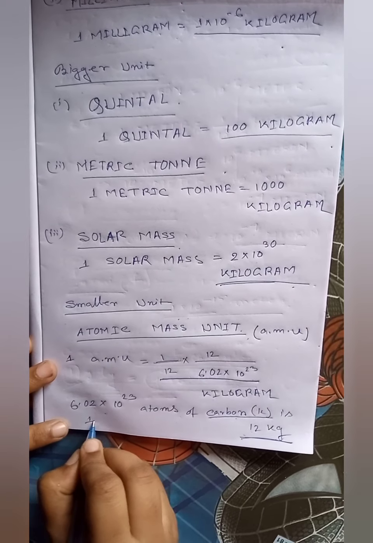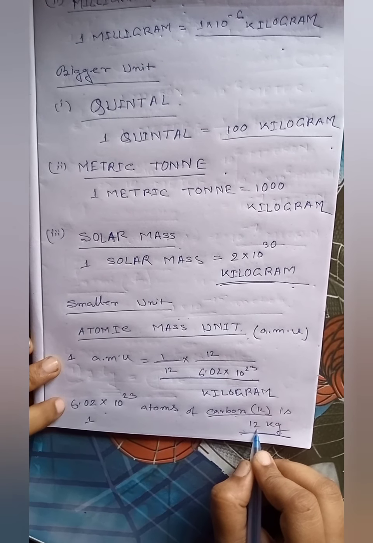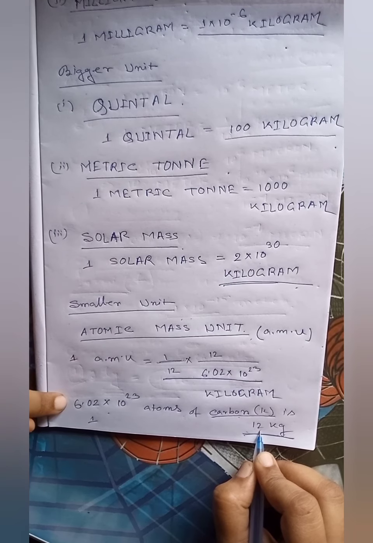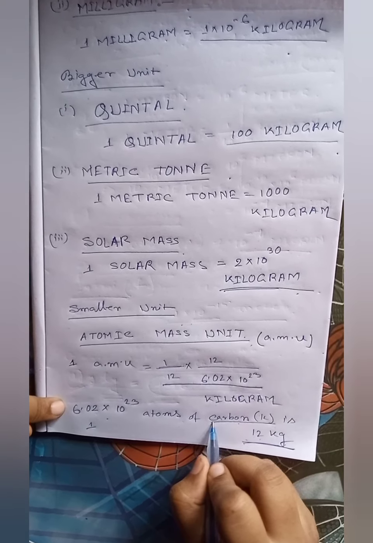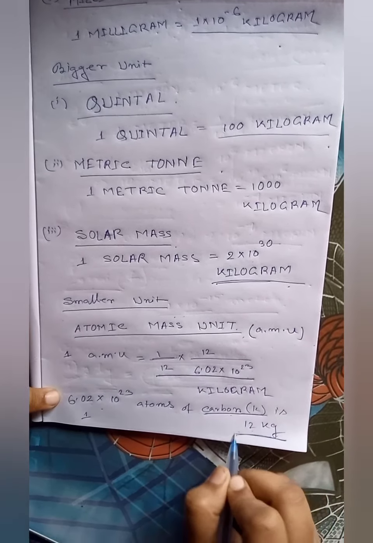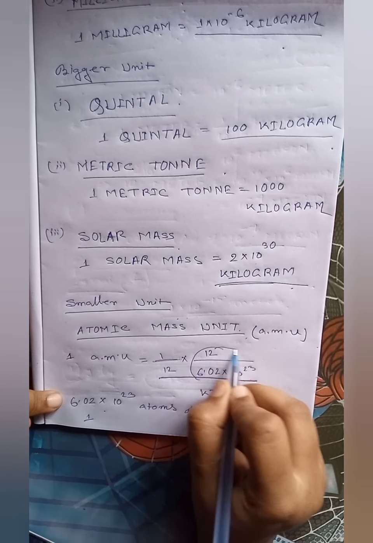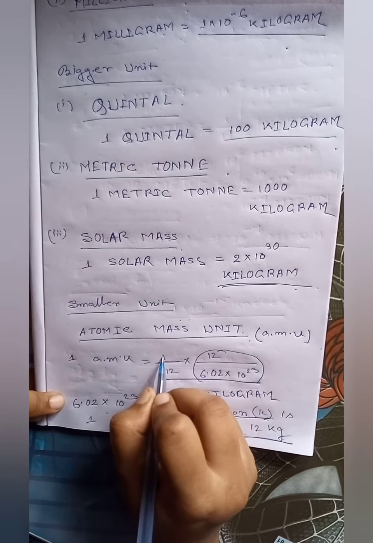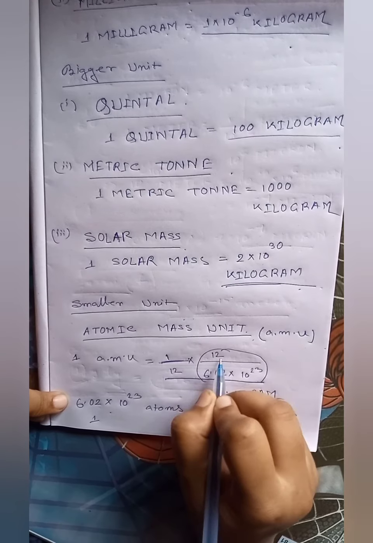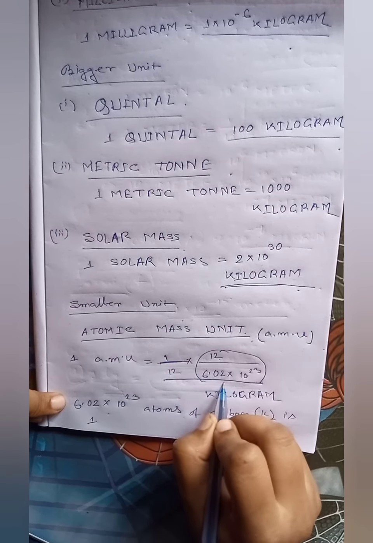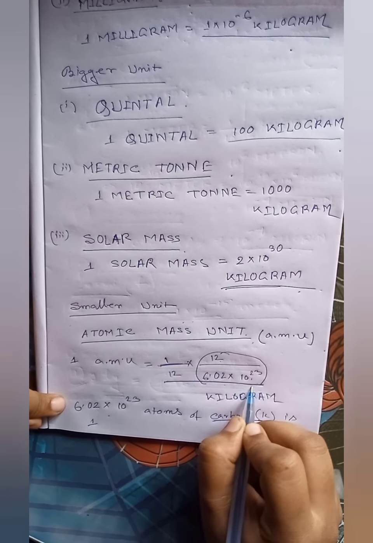So for one atom it will be 12 by 6.02 into 10 to the power 23. Now for 1 AMU it will be 1 by 12 into 12 by 6.02 into 10 to the power 23.